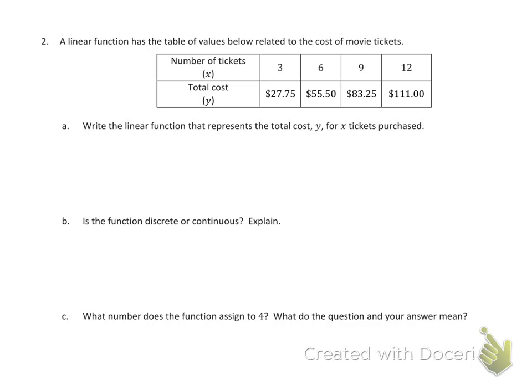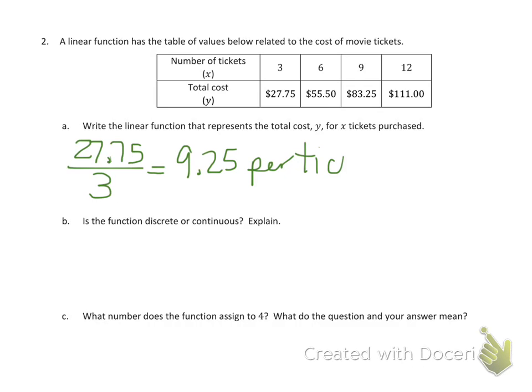So I want to find the unit rate. If it's $27.75 for 3 tickets, then it's $9.25 per ticket.